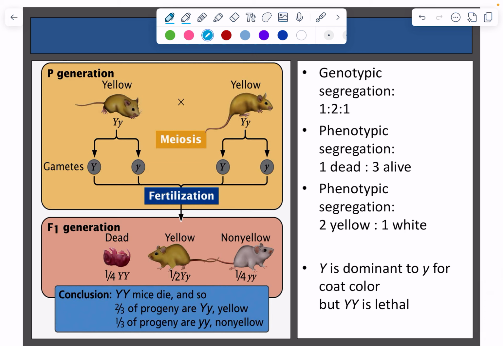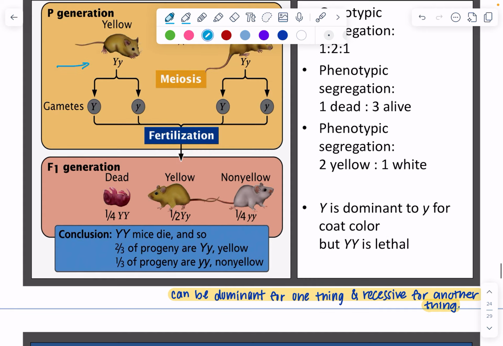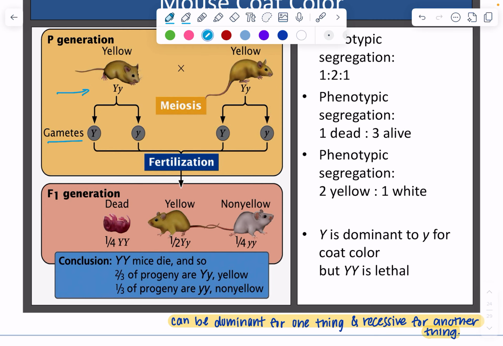All right, gametes. So this is just sort of explaining all of that. In the parental generation, you've got 2 yellows. You know they must be heterozygotes because they're both alive. And then they produce these gametes, which are what you would expect from a heterozygote.